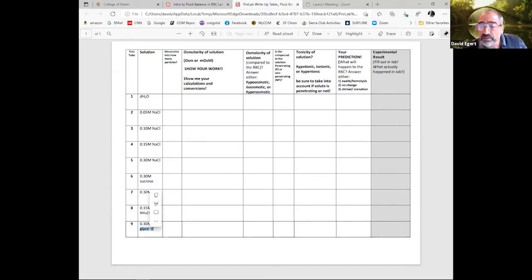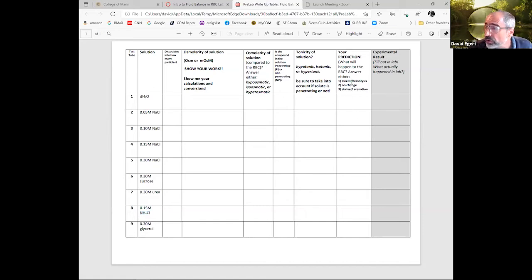Glycerol is like an alcohol, which has hydrophobic and hydrophilic properties, so glycerol typically does have an ability to get into hydrophobic domains. I'm going to leave the ammonium chloride for you to figure out. That one is an interesting thing. I'll talk more about it after we do things.